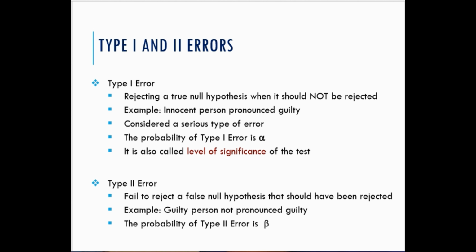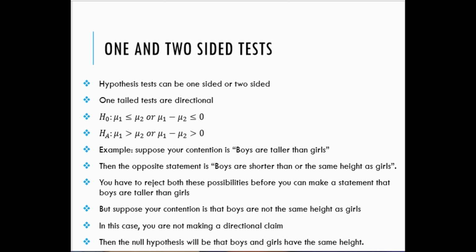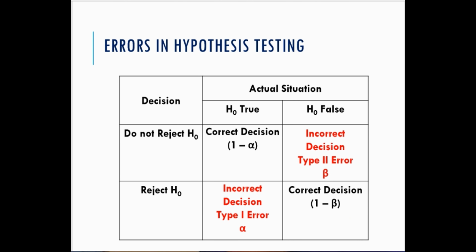So, let us look at these two kinds of errors. If the actual situation is that the null hypothesis is true and you do not reject the null hypothesis, then you are arriving at the correct decision. If the null hypothesis is true and you reject it, then this is an incorrect decision, known as a type 1 error, or alpha.